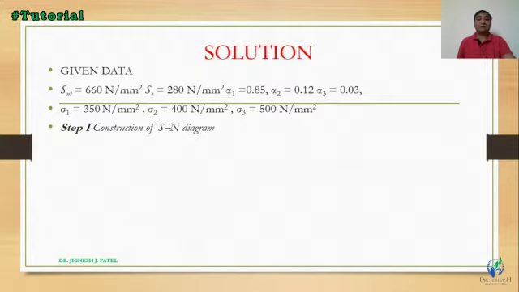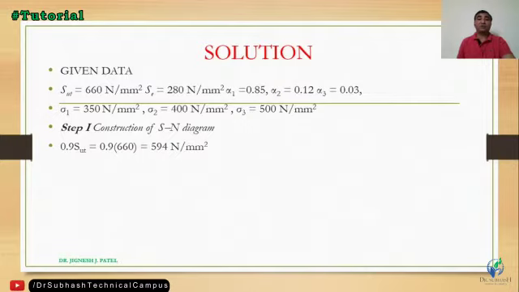Let us find the different values to construct the S-N diagram. First we find 0.9 SUT. The value of SUT is 660, so 0.9 SUT is equal to 594 Newton per mm square. Now log 0.9 SUT is equal to 2.7738.